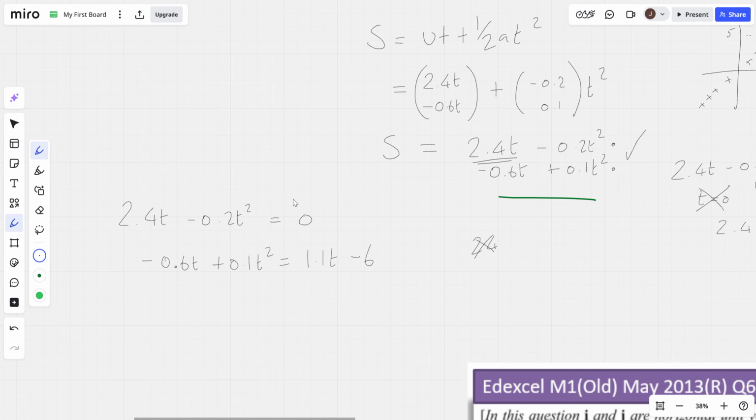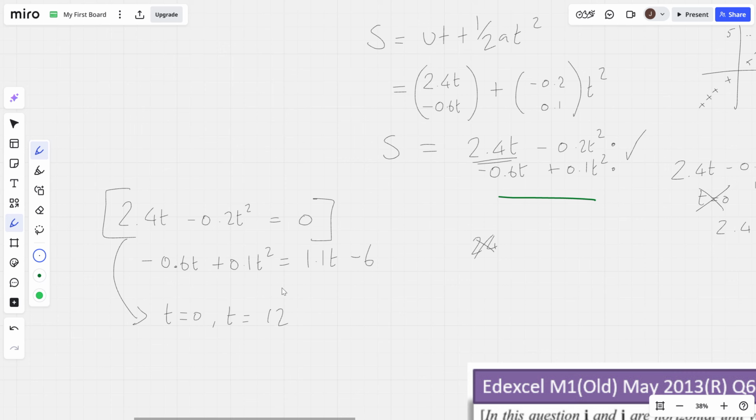If I use the top equation, it's very useful. It will lead me to t equals 0 and t equals 12.